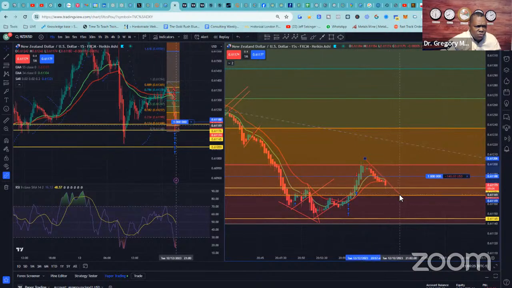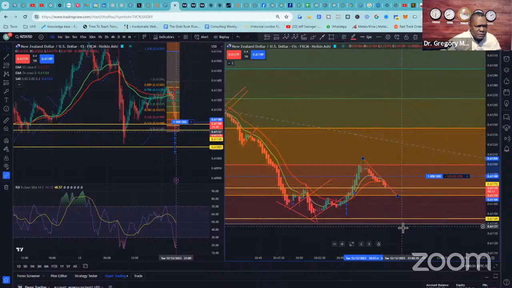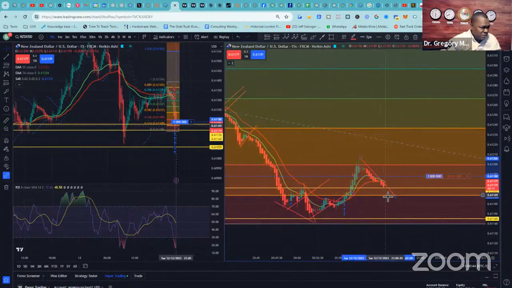And dropping back, a little bit of a pullback. That could have been our ABC, and we're starting a new move back to the downside.